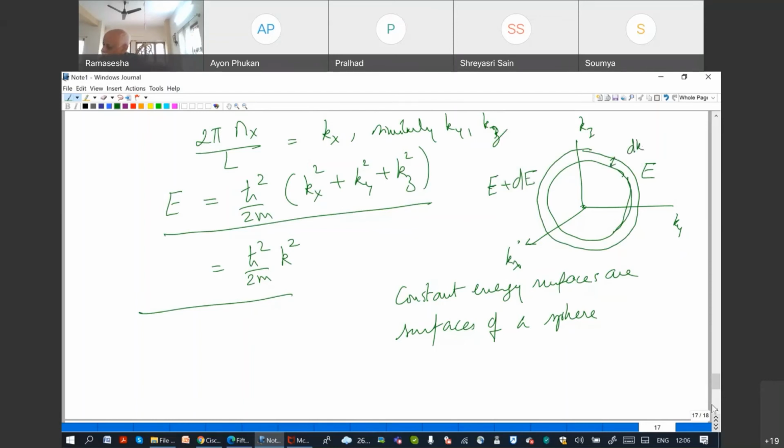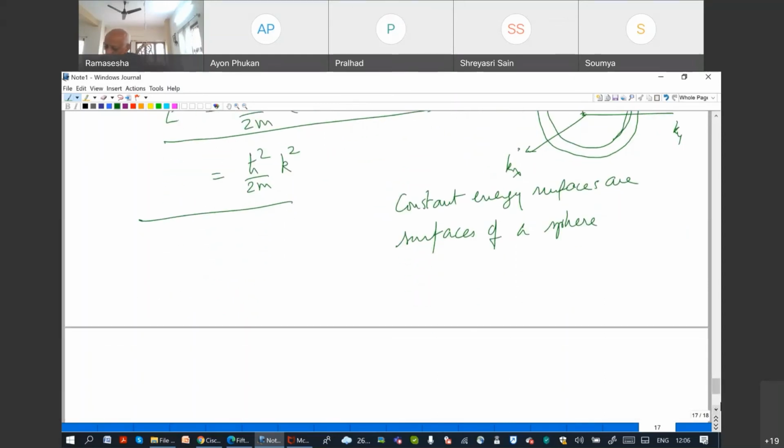Now, you know, every nx, ny, nz value occupies a space of 8 pi cubed upon L cubed.